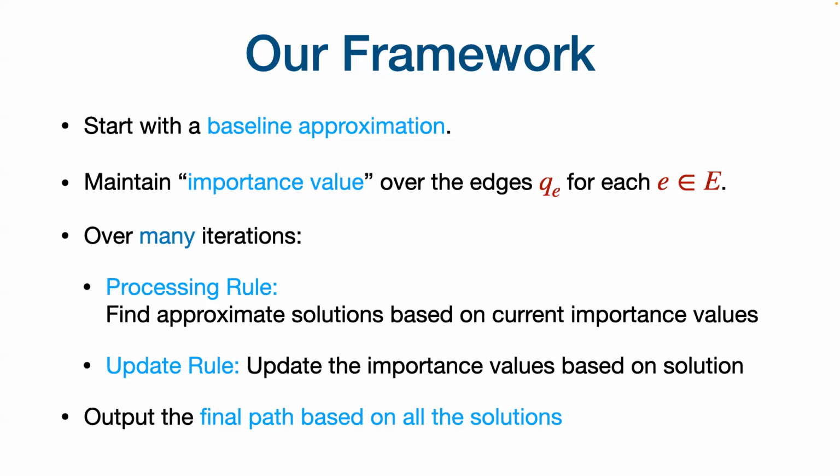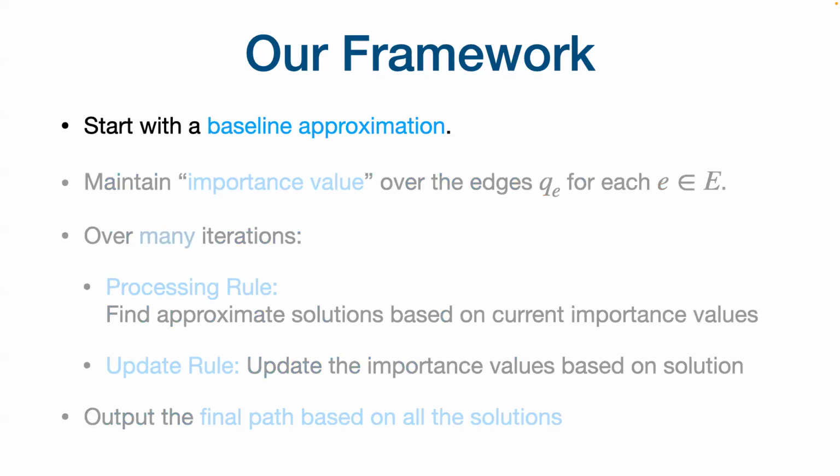And the second one is trying to figure out how you can change them to make more progress later. And maybe some edges are important, you miss them, and so on. Okay. And at the end, you'll have some information you've gained over the course of this algorithm, and you'll find a tree based on this. Okay, so this is very vague right now. We'll be very specific for each of these things one by one.